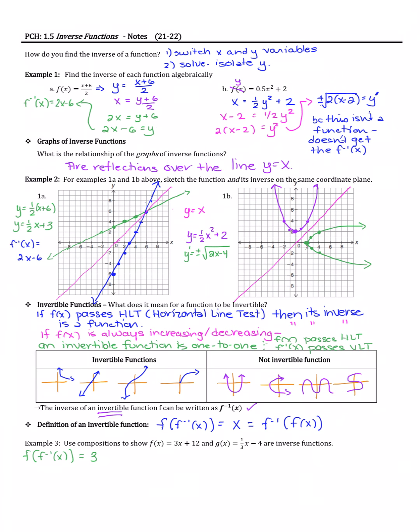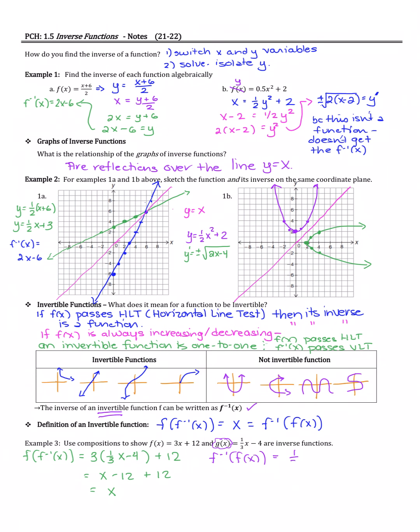So this is going to be 3 times, plus 12. What goes inside is going to be the inverse, my g of x, I guess. So this will be 1/3 x minus 4. So when we distribute, we get x minus 12 plus 12, which gives us back x. That's good so far. But now let's do the f inverse, which we're calling our g of x, of f.